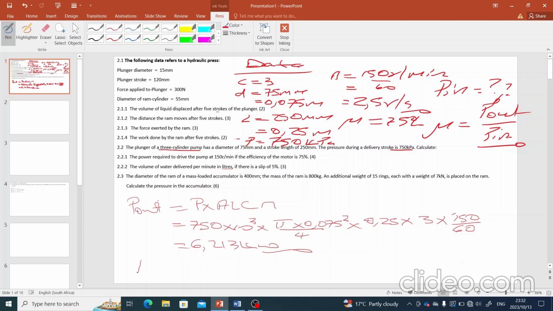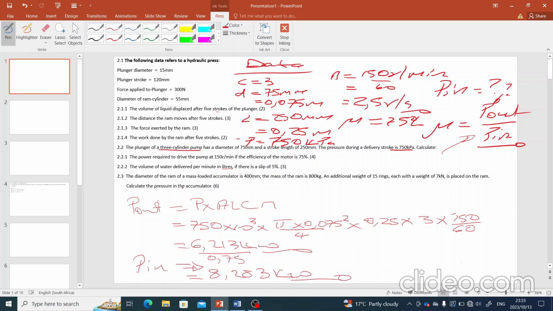Therefore, we can then calculate power in from this formula. When we make power in the subject of the formula, it will be this power divided by what? By efficiency. Divide by efficiency, 0.75. Then we get our answer for power in as 8,283 kilowatts.